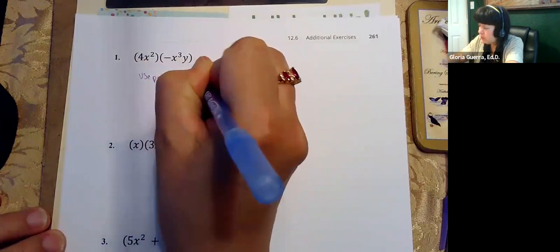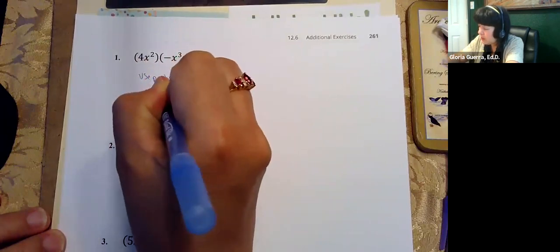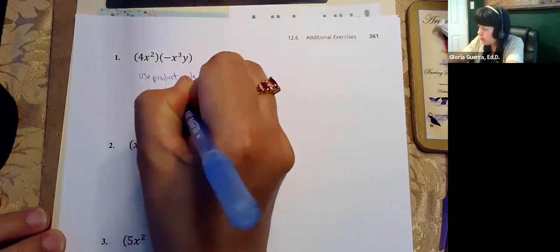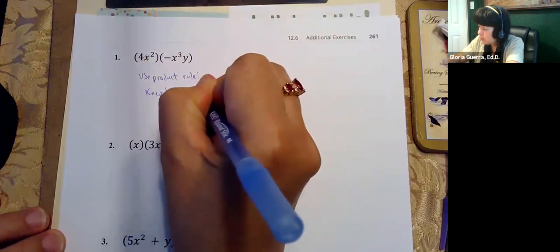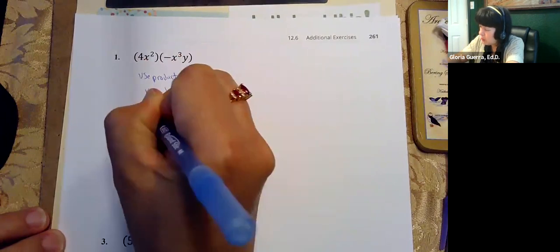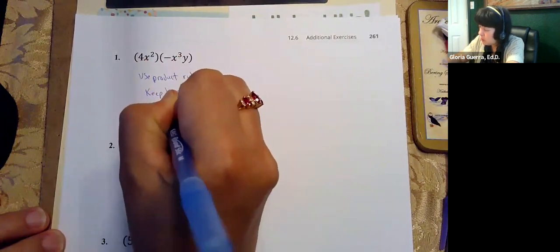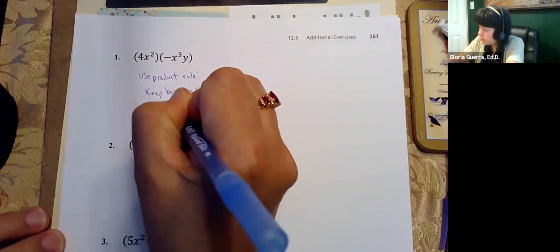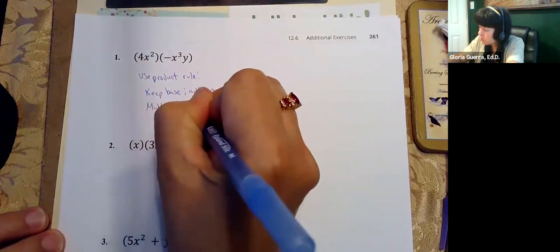So remember, that says that you basically want to keep the base and you want to add the exponents. And you're also going to be doing some multiplication. You're going to multiply the coefficients.